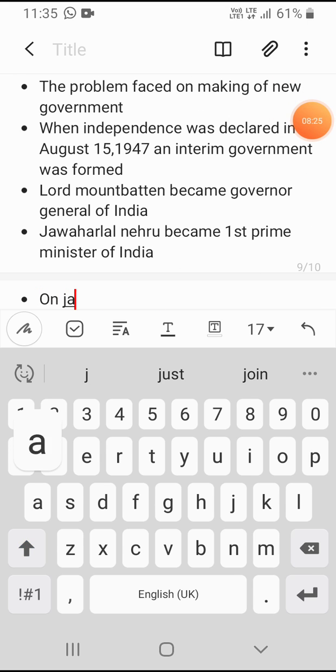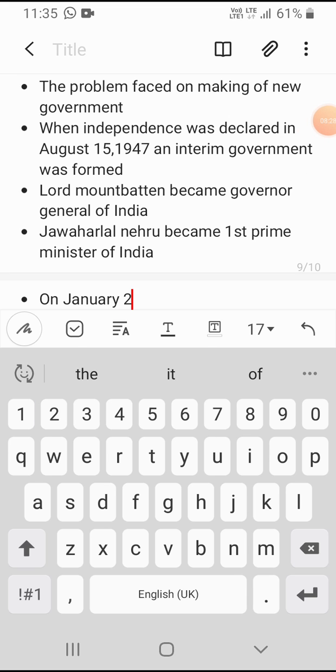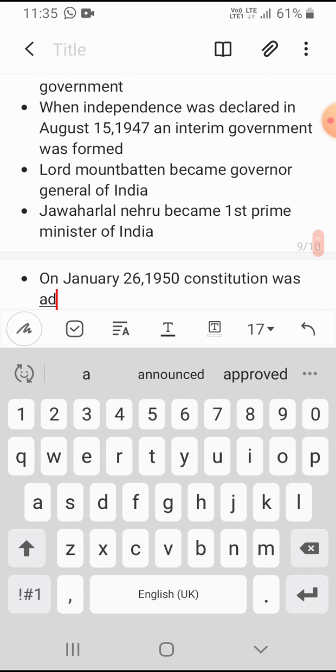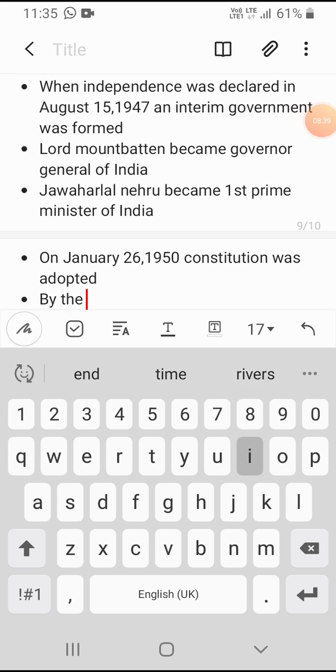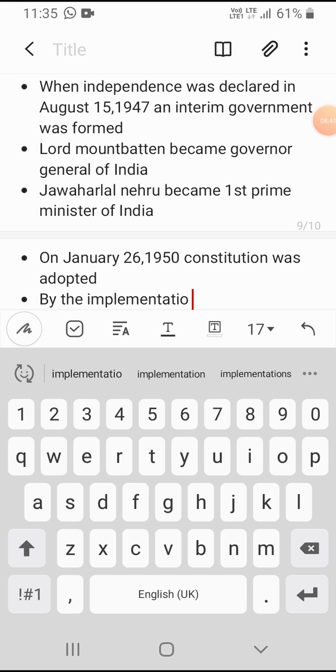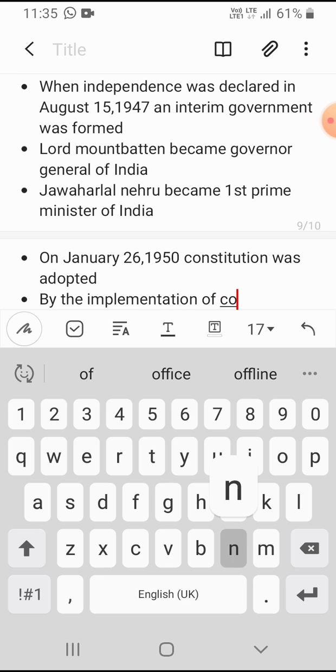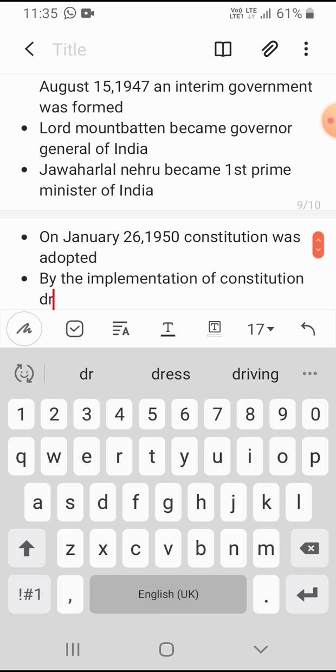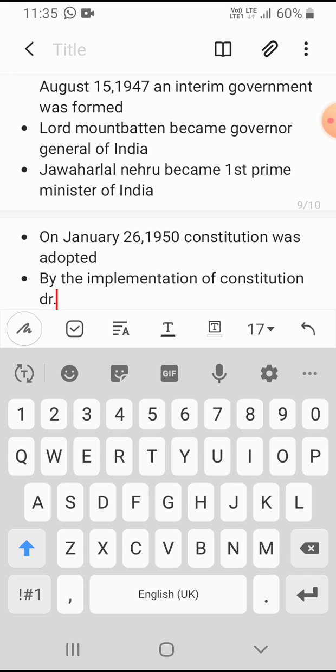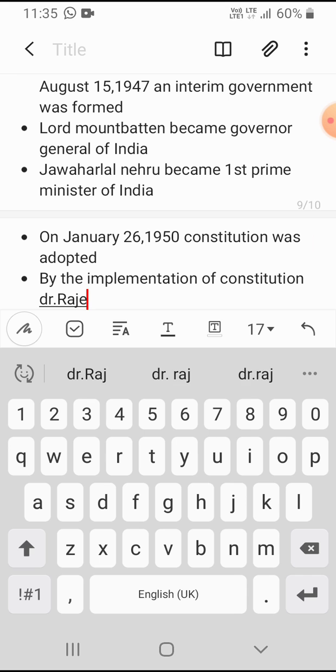On January 26th, 1950, the Constitution was adopted. With the implementation of the Constitution, Dr. Rajendra Prasad became President of India.